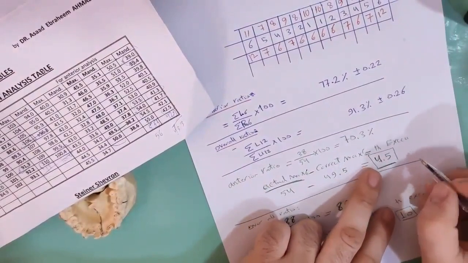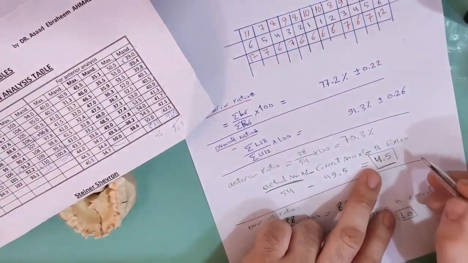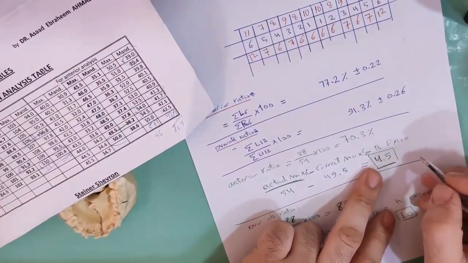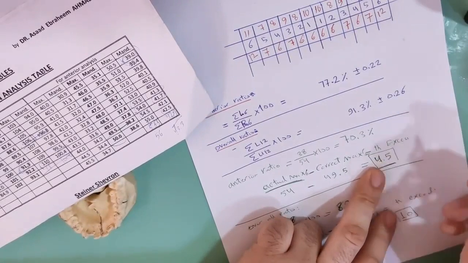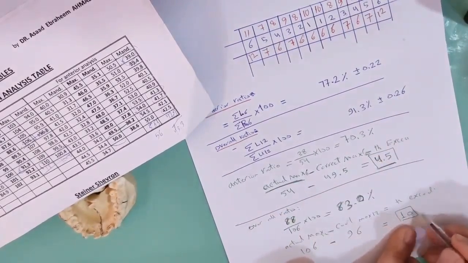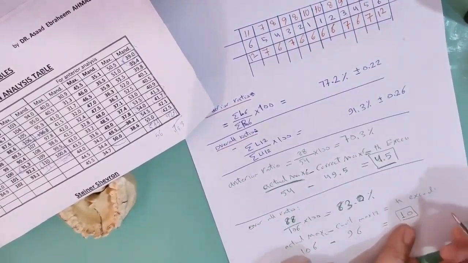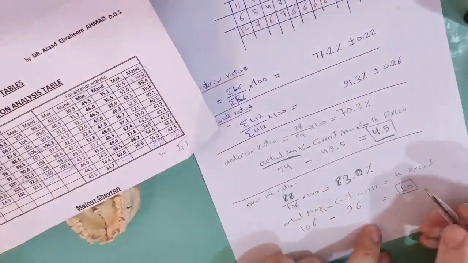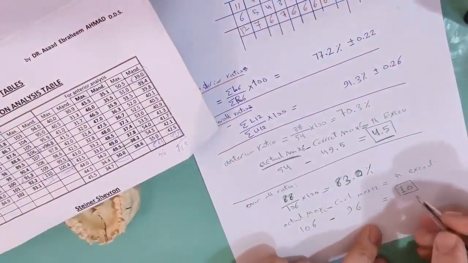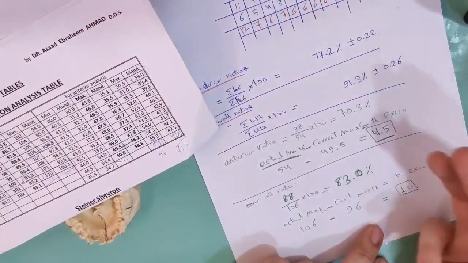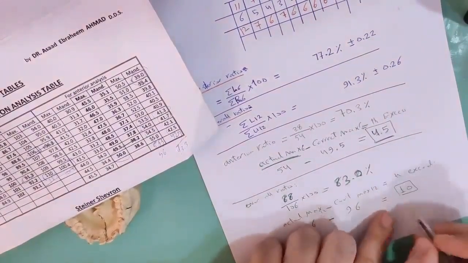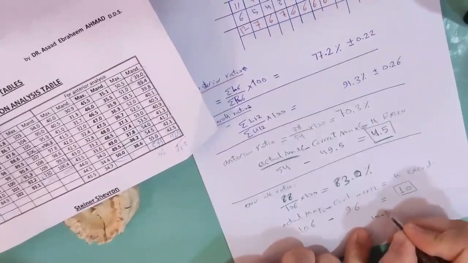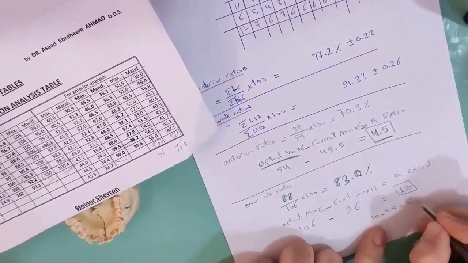Here we know that the excess volume for the anterior 6 is 4.5, and for the overall, for the 12, it is 10. If we need to know how much excess volume there is for the buccal section, the first premolar, second premolar and molar for the two sides, we just do 10 minus 4.5 equals 5.5.